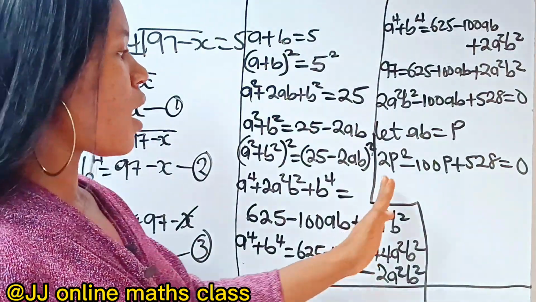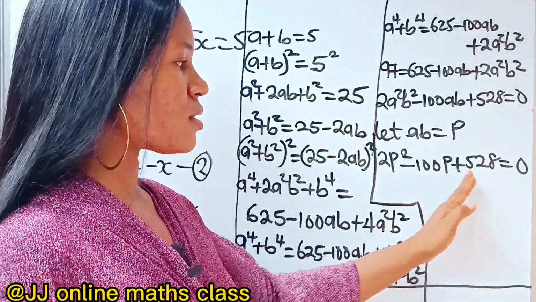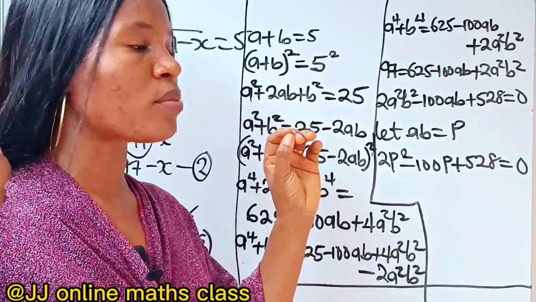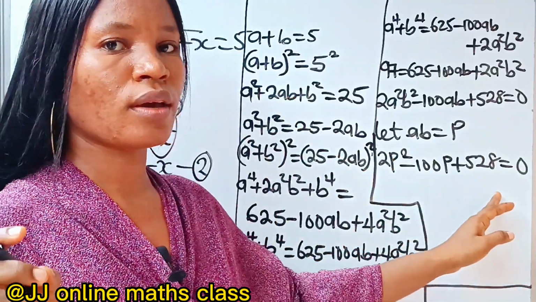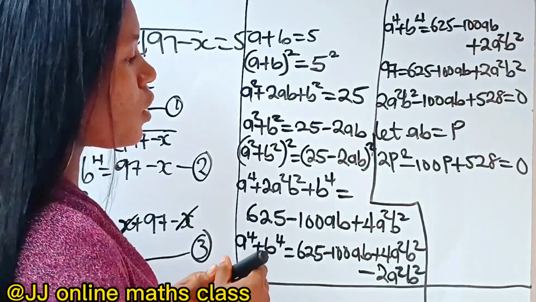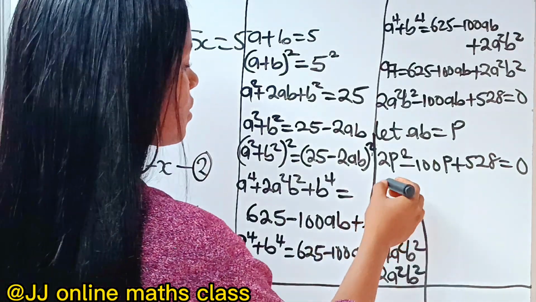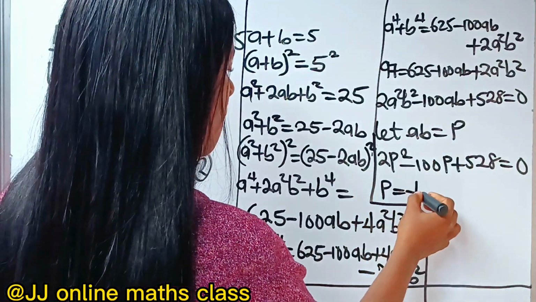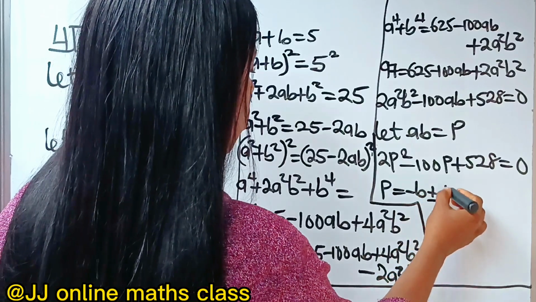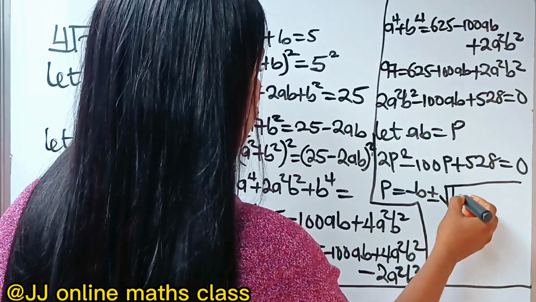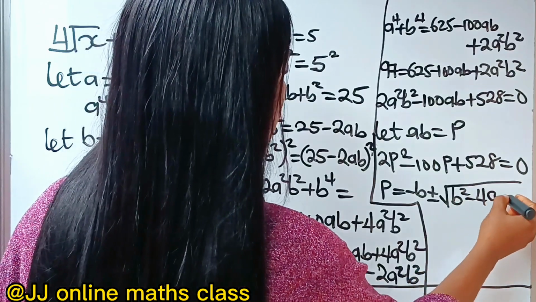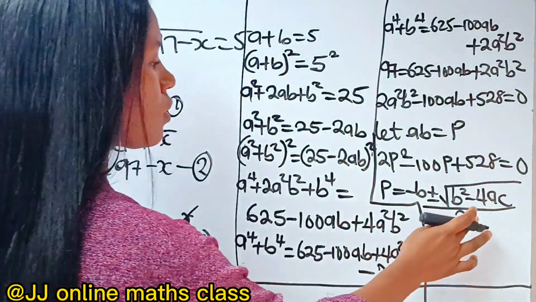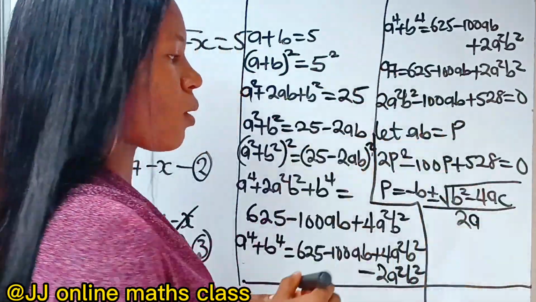All right, now looking at this, let us use the quadratic equation formula to get the solution. Now, the quadratic equation formula says that P, since we are looking for P, is equal to minus B plus or minus square root of B squared minus 4AC all over 2A.